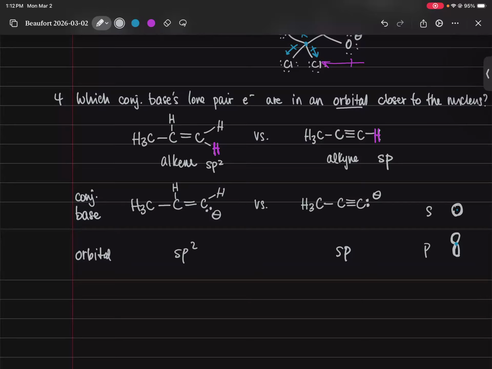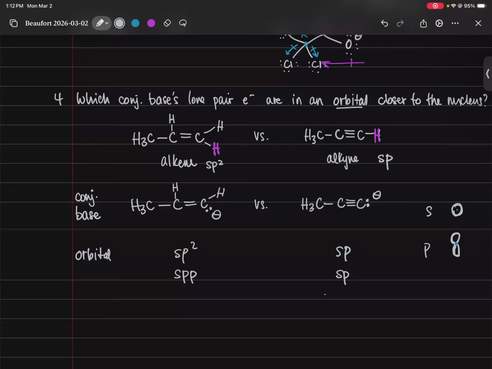So that means whichever of these two has more s character is going to be closest to the nucleus and will be more stable. You could think of sp2 as being spp, like an exponent in math, so spp versus sp. sp has more s character, less p character.